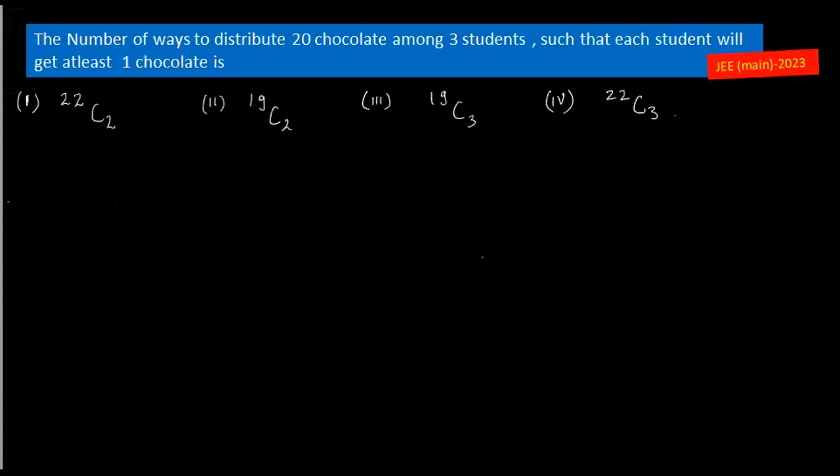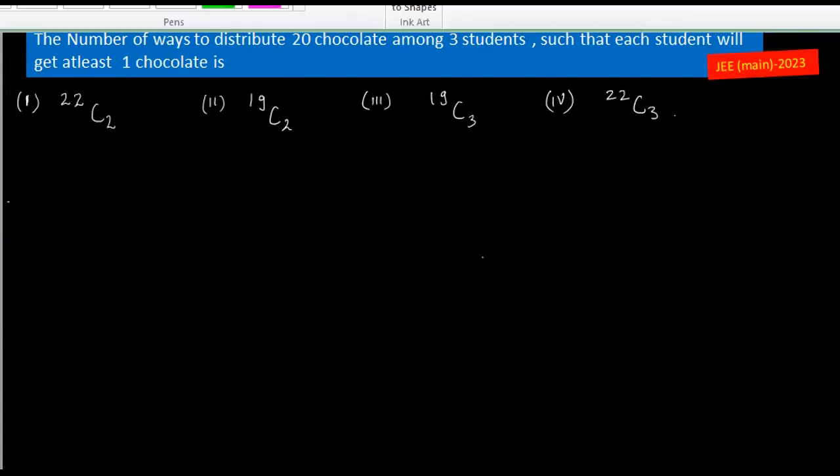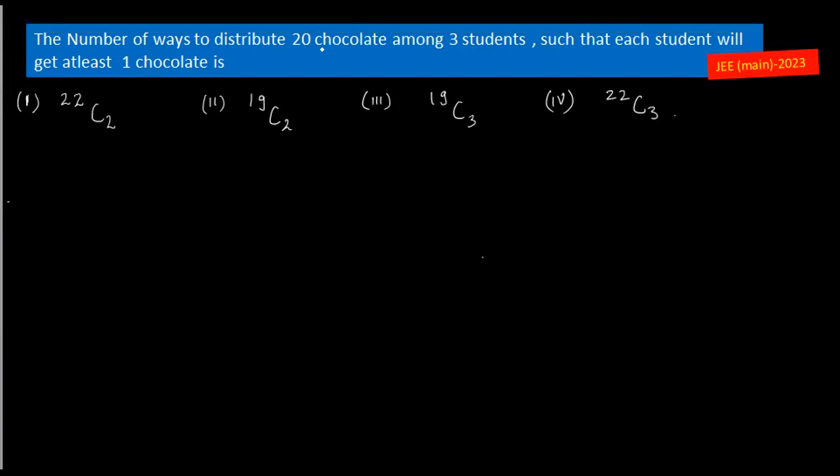So our third question is, here we have to find the number of ways to distribute 20 chocolates among 3 students such that each student will get at least 1 chocolate. So suppose we want to distribute 20 chocolates among 3 students. Let us say x1, x2, x3 are the students.